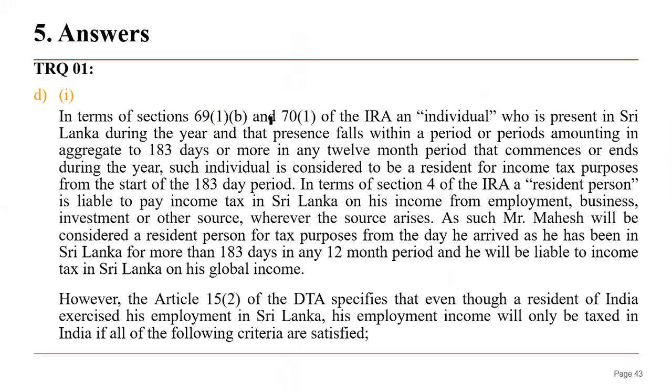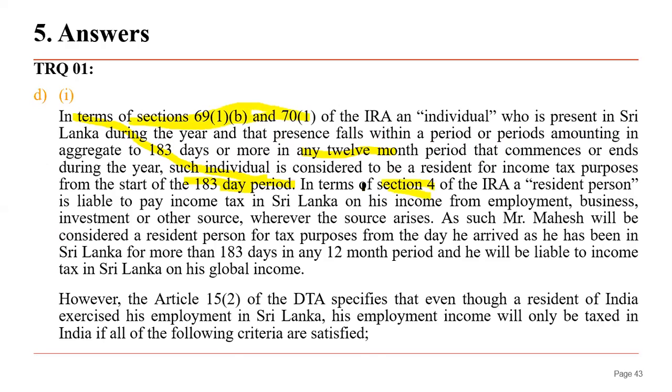Section 69(1)(b) and Section 71 of the IRA: an individual who is resident in Sri Lanka during the year, and that person falls within the period or periods amounting to an aggregate of 180 days or more in any 12-month period commencing on. You know that this is exactly how to determine the residency of an individual, right? Then you just need to elaborate Section 4 as well; I am just highlighting the section.